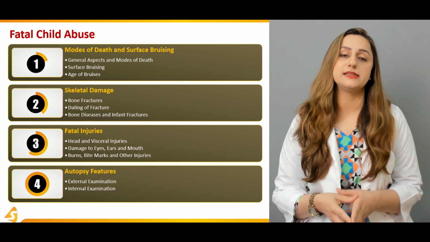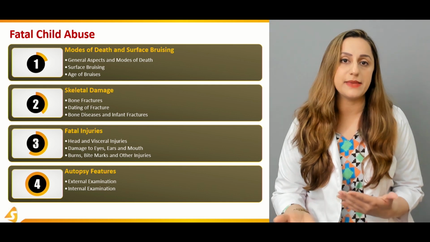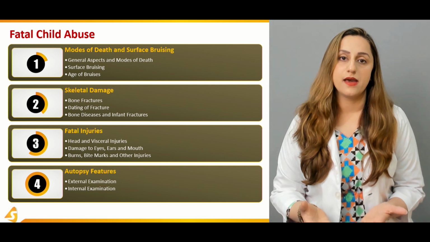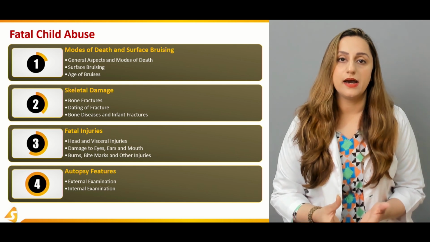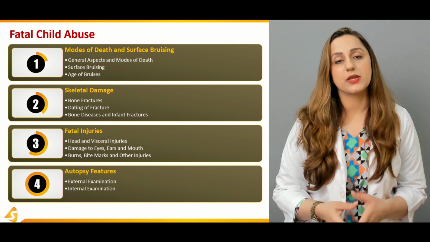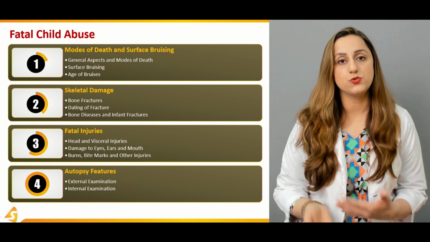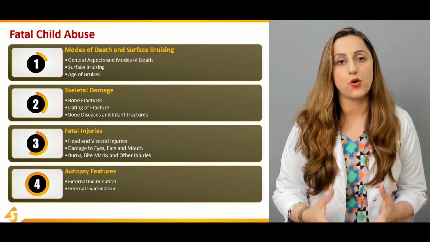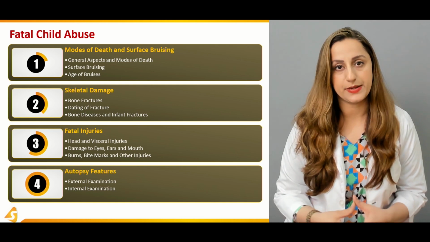Moreover, we'll be discussing the age of the bruise and how it is identified, that is, how much time has passed since the bruising occurred. The color changes that occur in the bruising give information regarding the age of the bruise. Whether it's 2 days or 3 days depends upon the color formation and the pigment formation in the bruised area.